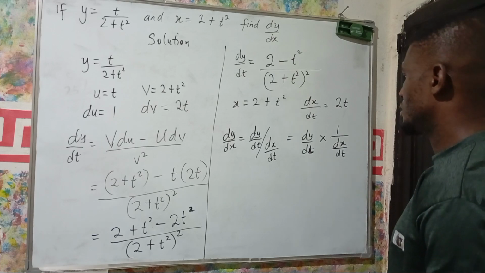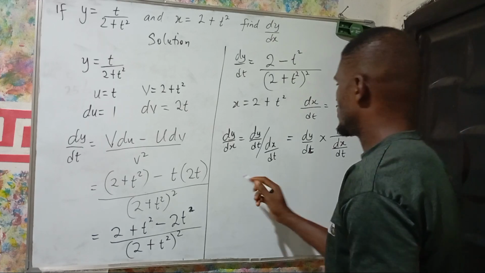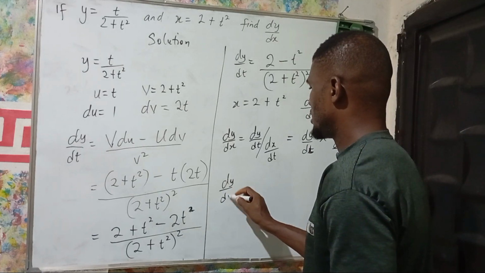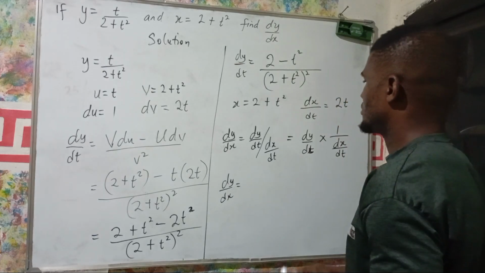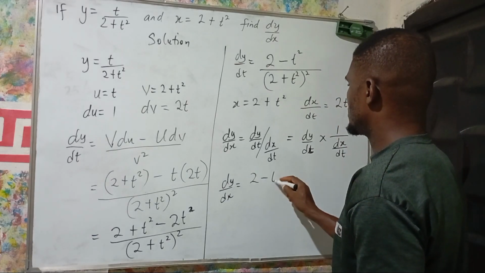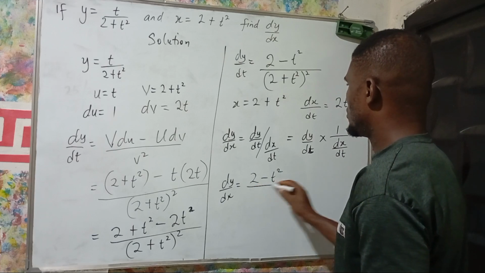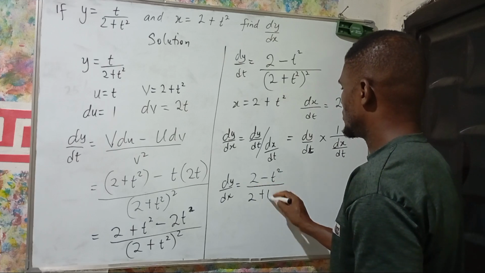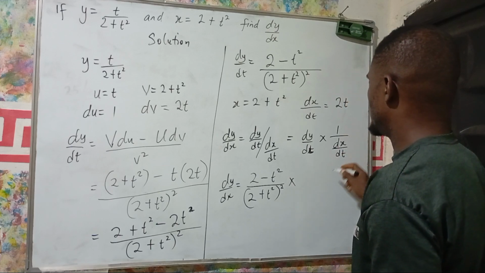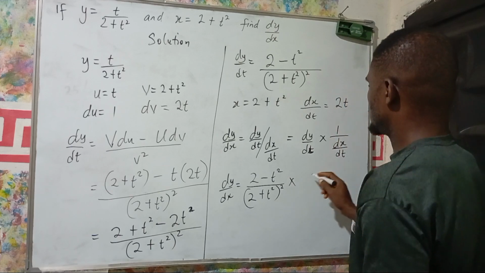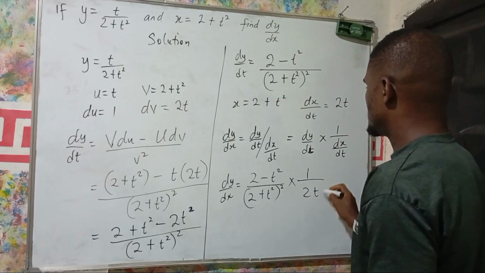Alright, so let's go on now. So we go on and say that our dy/dx will be equal to our dy/dt. Our dy/dt is 2 minus t squared all over 2 plus t squared all squared, multiplied by 1 over this. So 1 over what we have here, which is 1 over 2t.